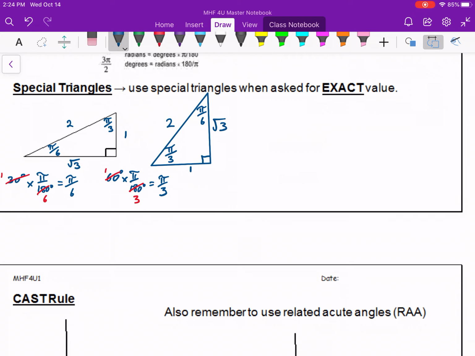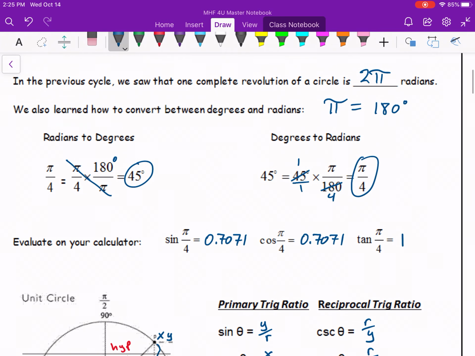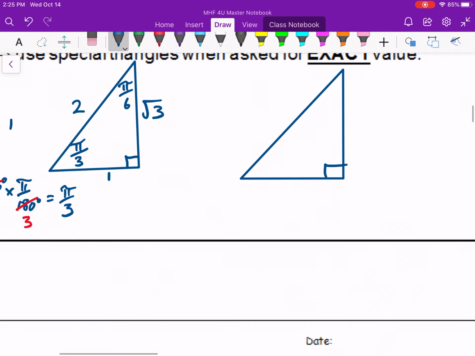The other special triangle was the 45-degree one. And 45 degrees, we saw just above, is the same as pi over 4. So we've got our pi over 4 triangle, which is 45 degrees. And it went 1, 1, root 2.